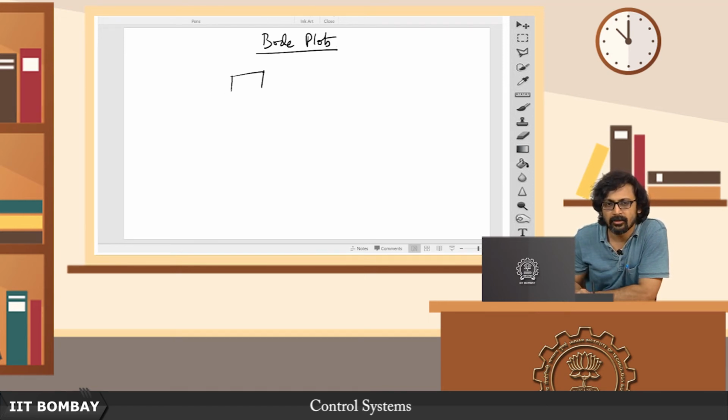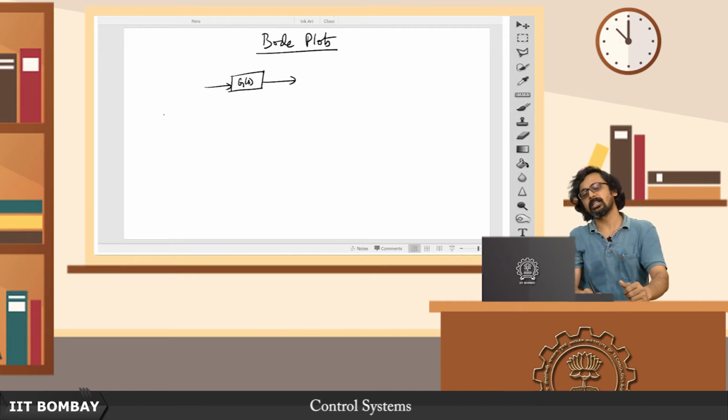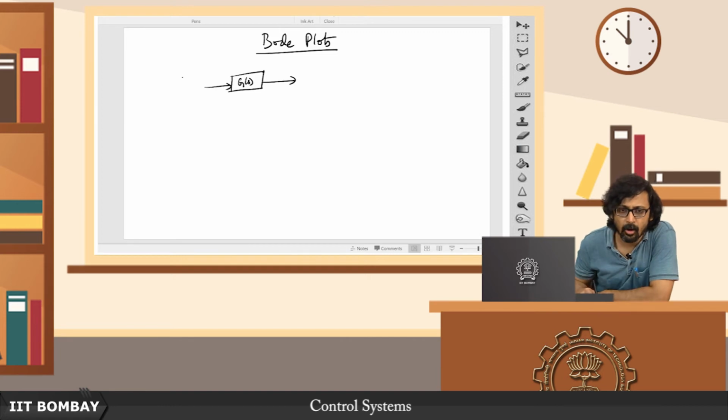Suppose you have a transfer function G(s), yeah, and earlier remember we were just studying the step input and the response to the step input. Now say we give an input of the form a sin omega t plus b cos omega t, or rather the other way around, a cos omega t plus b sin omega t, because we will see shortly why I am preferring this.